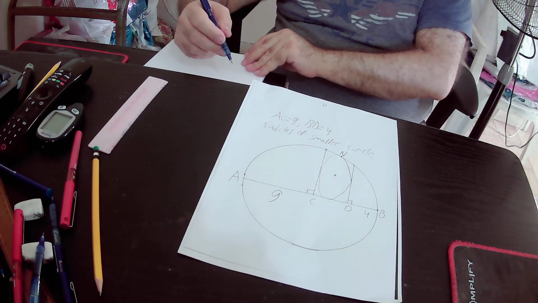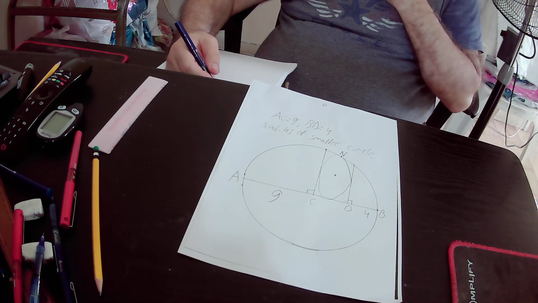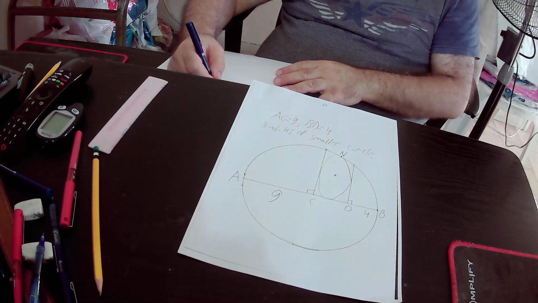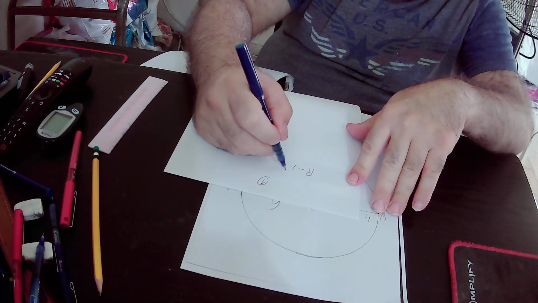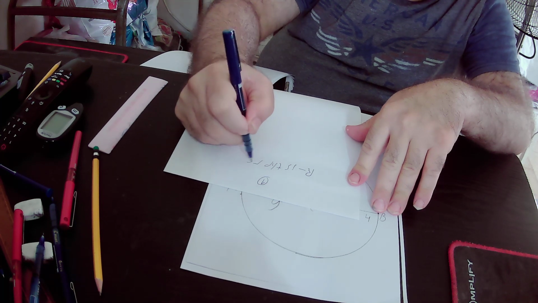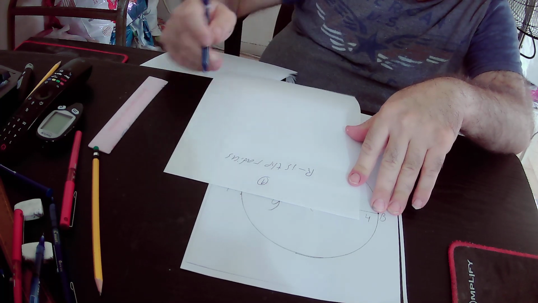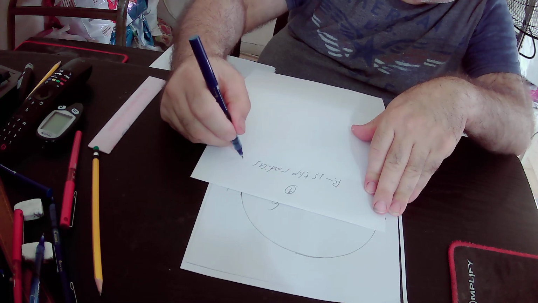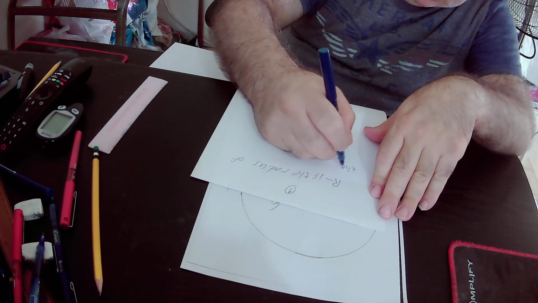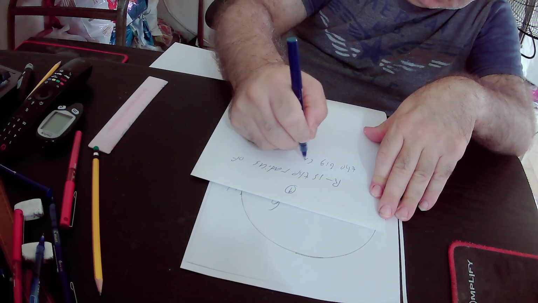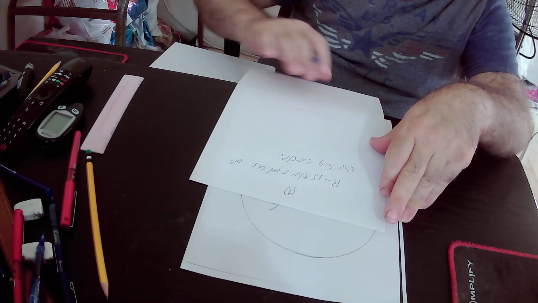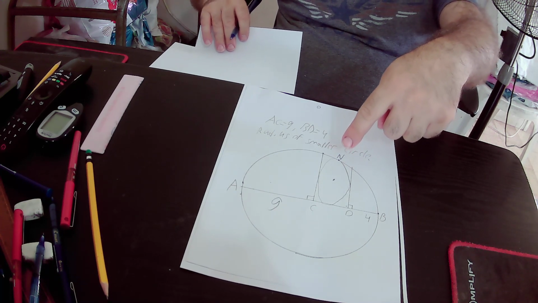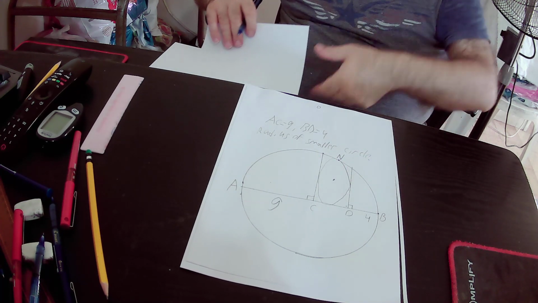So let's define the radius of the big circle as capital R. Capital R is the radius of the big circle, and we will define small r as the radius of the small circle.